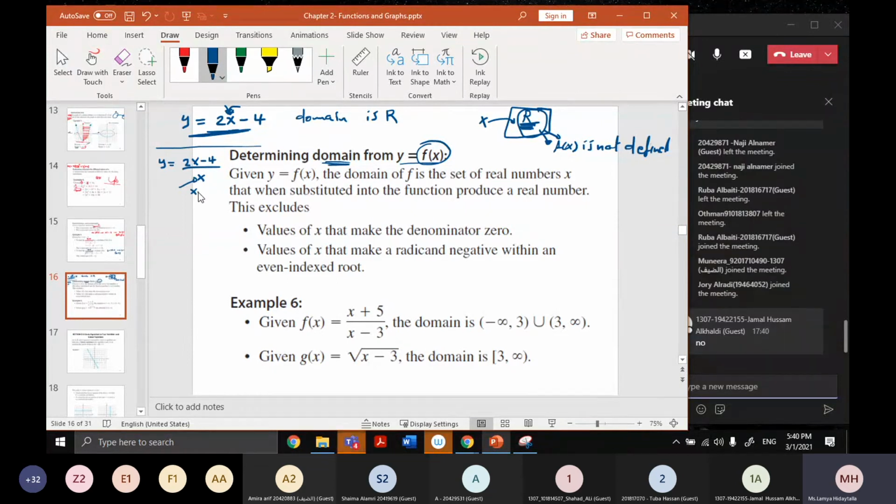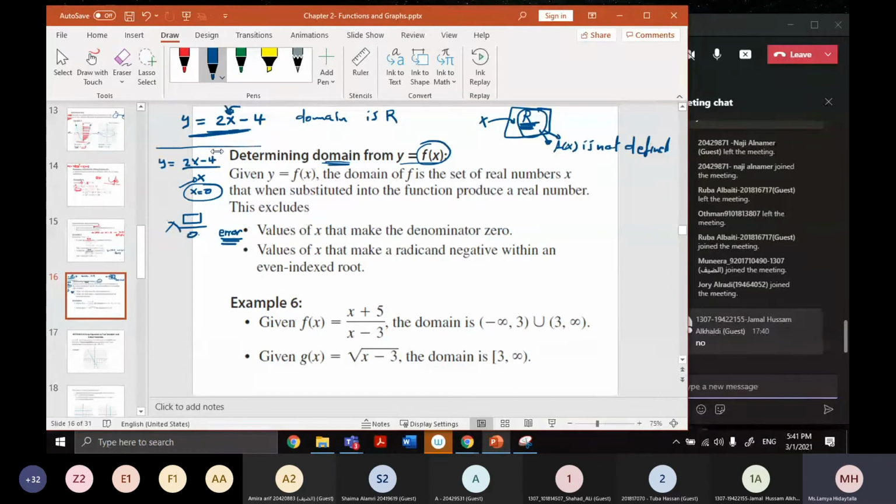If x is equal to 0, the function is not going to be defined. Why? Because I have a division over 0. Put any number you like in the calculator and divide it by 0. You're going to find that the answer is going to be error, because this is not defined at all. So always the first thing, we cannot divide by 0.